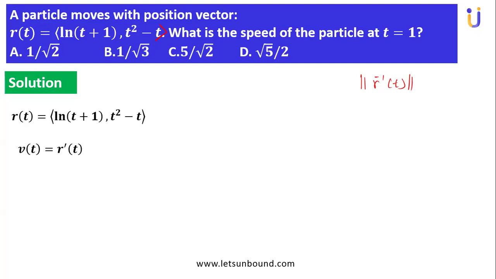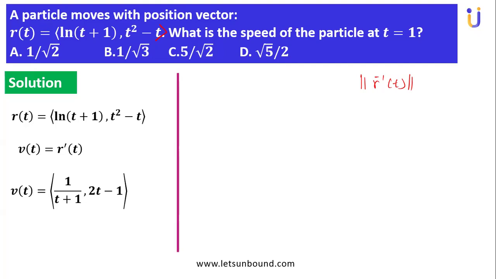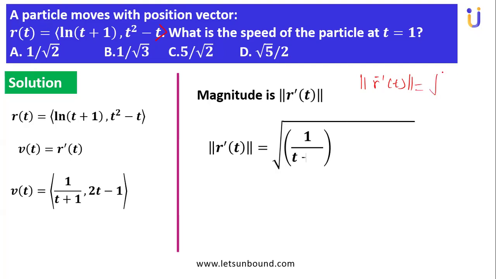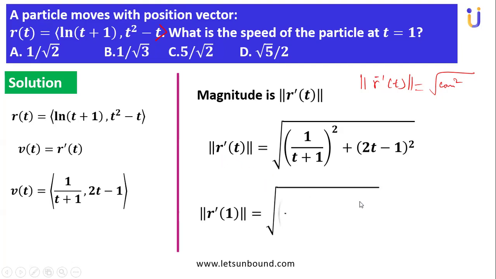For r dash of t, you differentiate each component individually. We did that. Speed means magnitude, which is the norm of r dash of t, and that formula is the square root of the sum of the component squares. So 1 by (t plus 1) whole squared plus this. But they are asking at 1, so just plug in 1 and simplify. You will get some answer in the options, and you will get root 5 by 2.